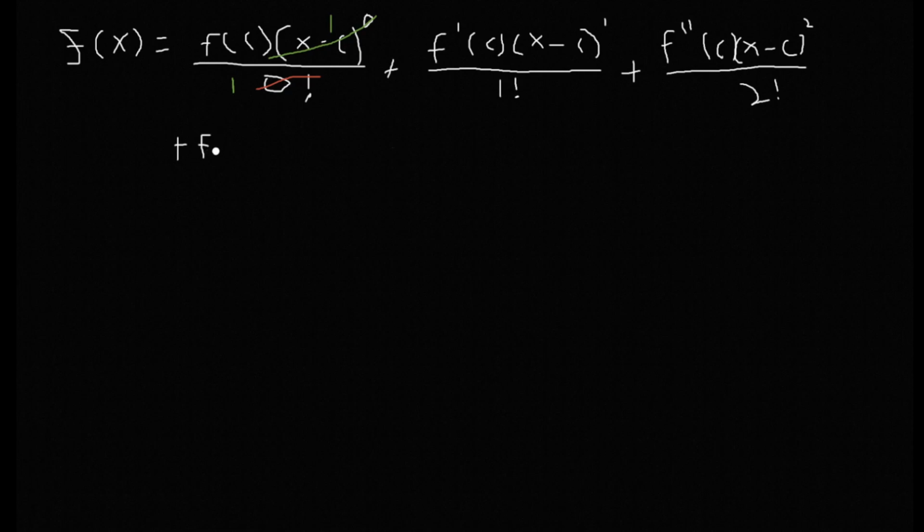So f triple prime of c times x minus c to the third power. We have taken 3 derivatives over 3 factorial. And this pattern will continue.